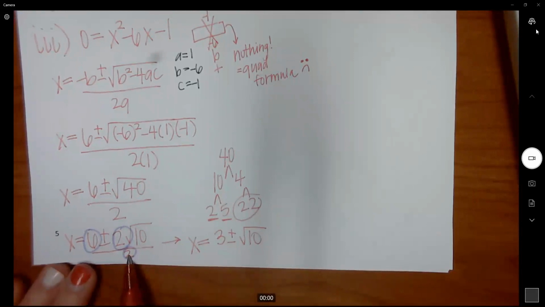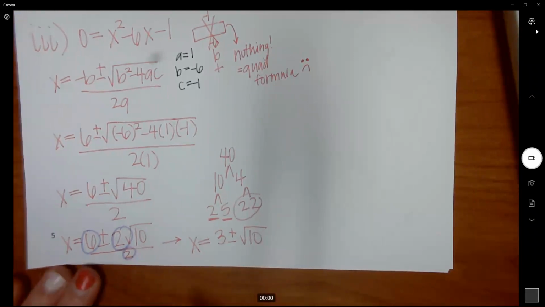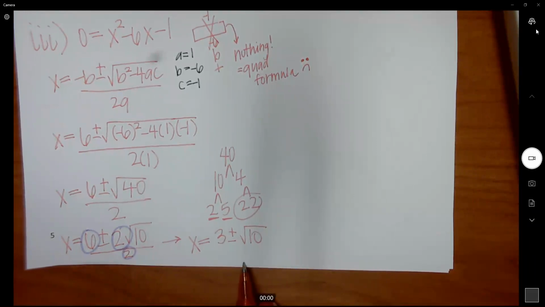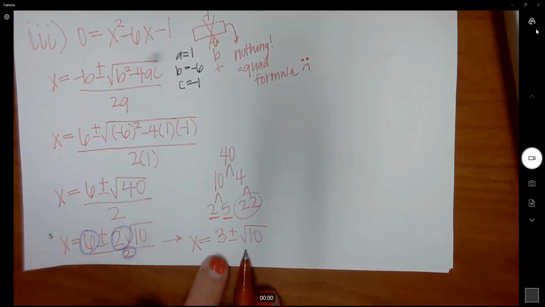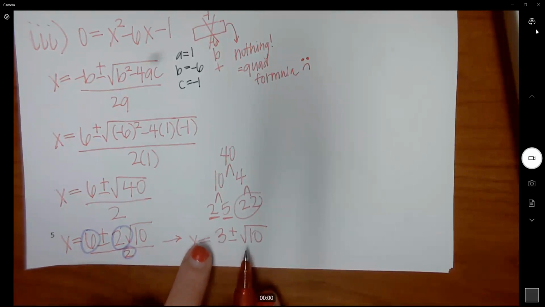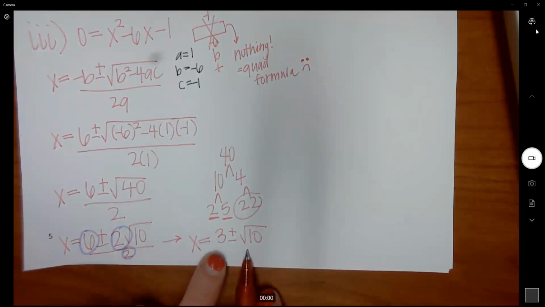And then 2 divided by 2 is also 1. So you can put that all over 1, but again, not necessary. Now, my math lab's going to want this as ordered pairs. More than likely, that is in simplified exact terms, which is this right here. Exact means you're not rounding.